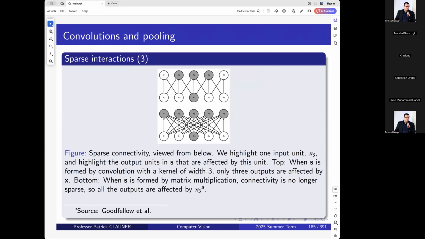And these sparse interactions lead to the following situation. So we have these X's and these S's. What does that mean? The S are the output units, so what comes out of the convolution, and the X are the inputs. In a traditional network that is fully connected, we have something like this. All inputs go into all of the units in the next layer.